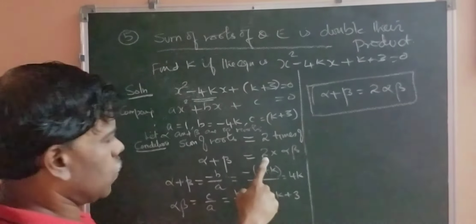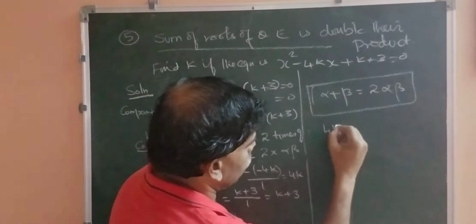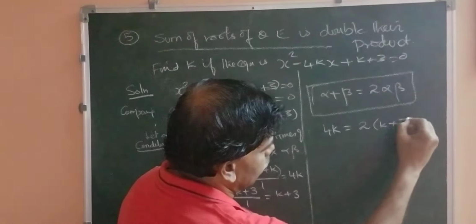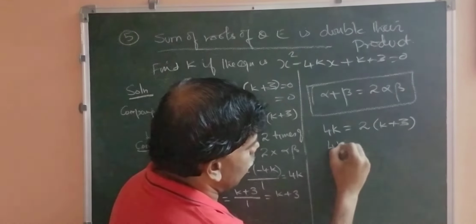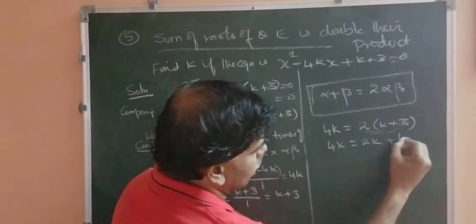Now we will put the values. 4k equal to 2 into k plus 3. 4k equal to 2k plus 6.